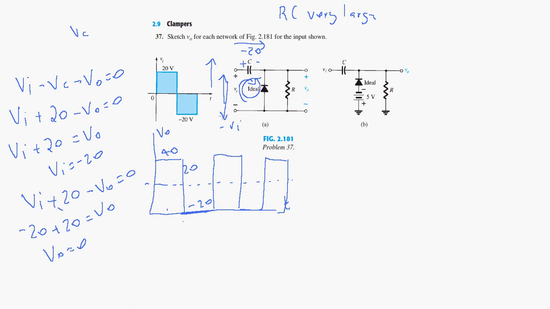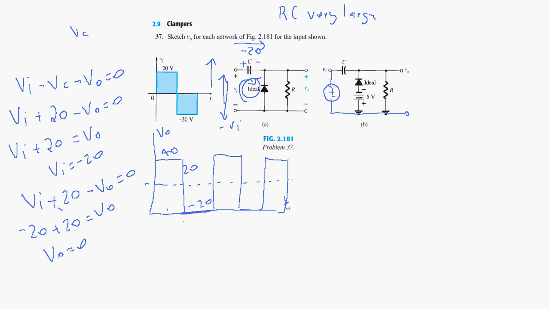And now we look at this circuit here. We have the voltage VI here, plus and minus, and the circuit is completed here. So we look at V naught. Same thing here, except we have a voltage source just below the diode.